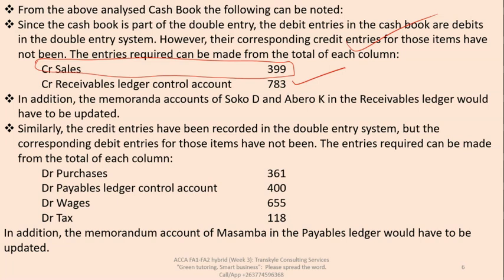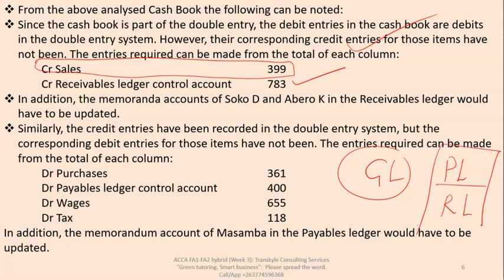We say that there is a GL, and also these personal ledgers: the payables and the receivables ledger.